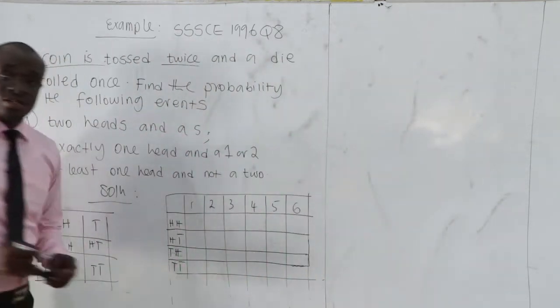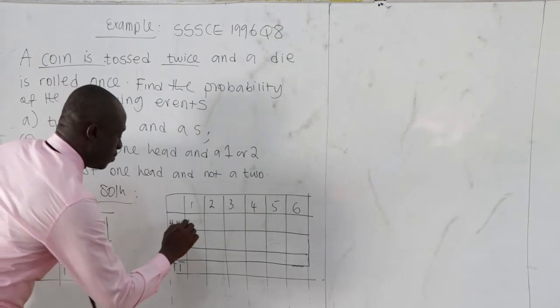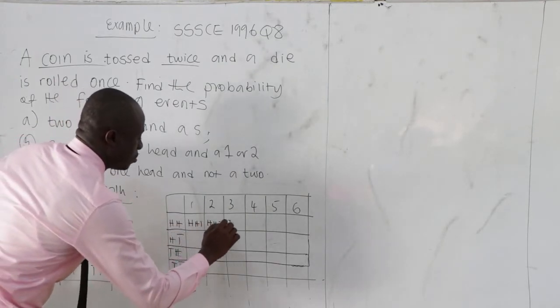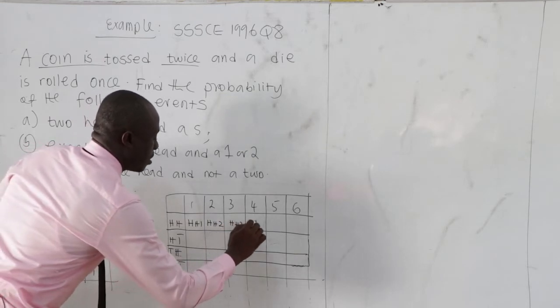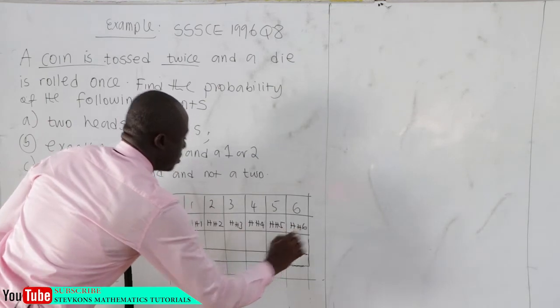With this, we have to come out with the sample space for this event. So here will be head, head 1, head, head 2, head, head 3, head, head 4, head, head 5, head, head 6.